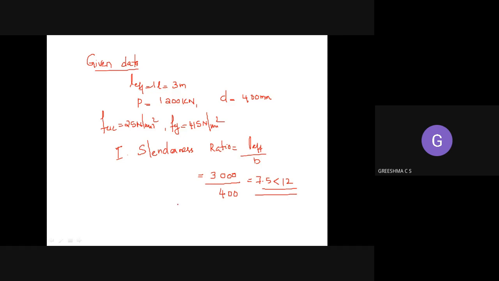Since it is less than 12, we can write a note that this is a short column.